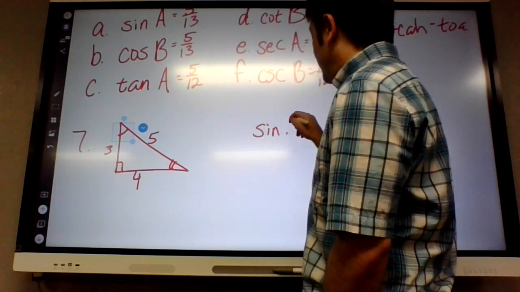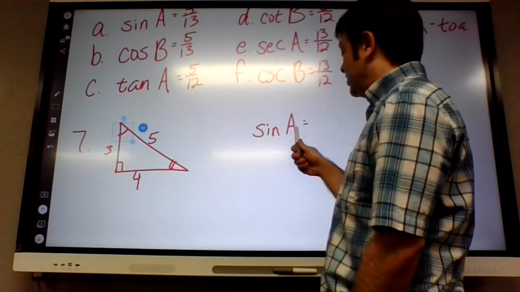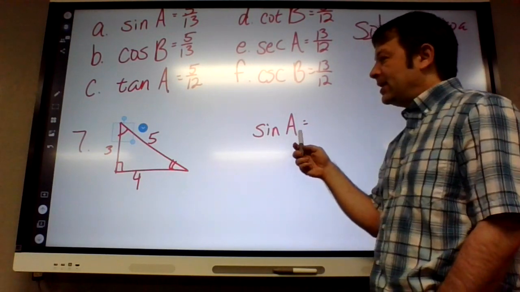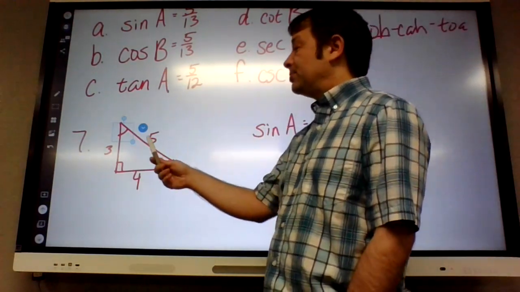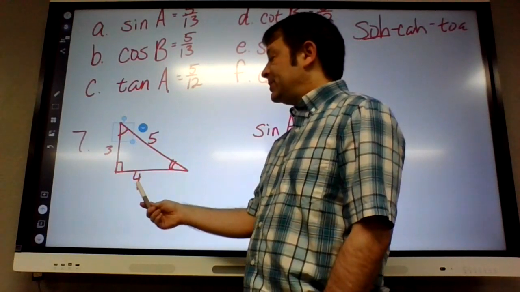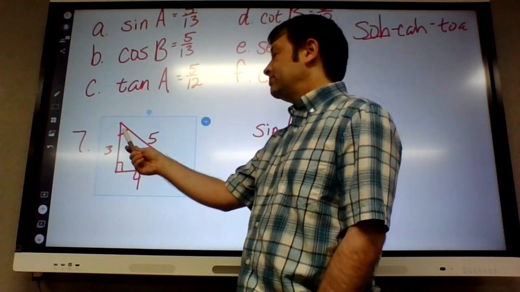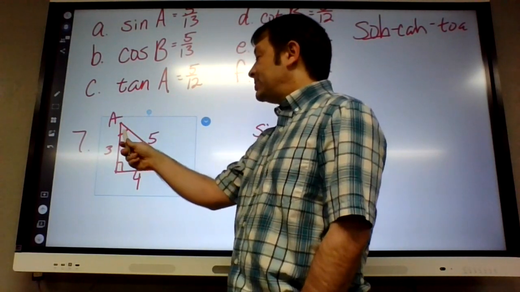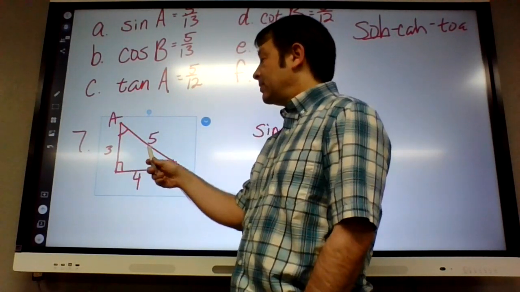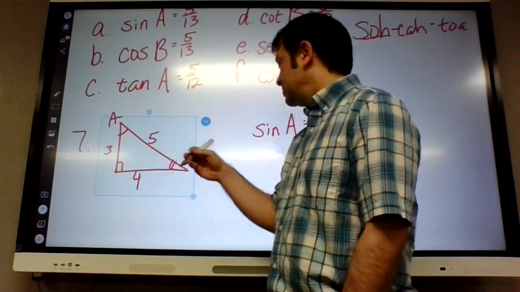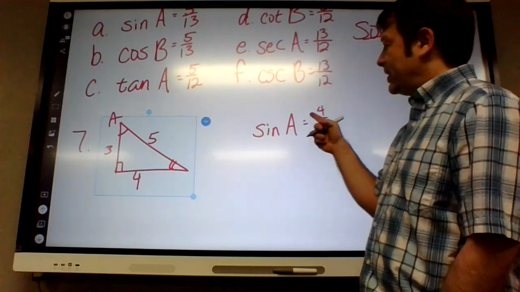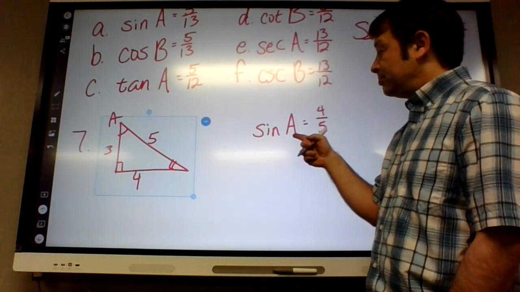So sine of the angle. This time the variable is the angle. But sine of the angle is supposed to equal the opposite over the hypotenuse. I'll just point at a random angle here, we'll call this A. So this is supposed to equal 4/5. So how do we go backwards to figure out what the angle must have been?